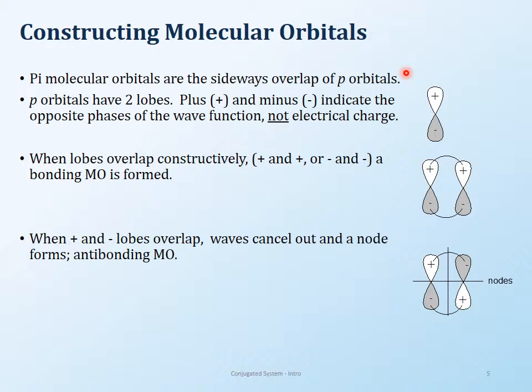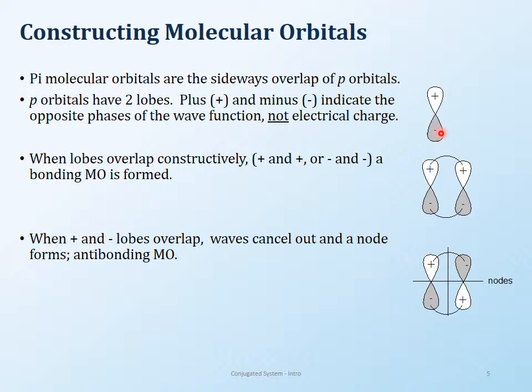If they have a pi bond, it means that there is an overlap of p orbitals going on. And as we know, p orbitals look like this, where you have a positive region and a negative region. The positive and negative has nothing to do with electrical charge or presence or absence of electrons. It is just a wave function. Right here is the positive region of the wave function, and here's the negative region of the wave function.